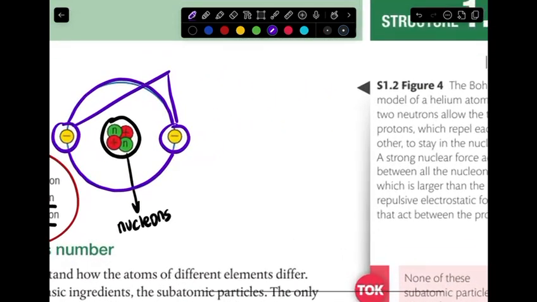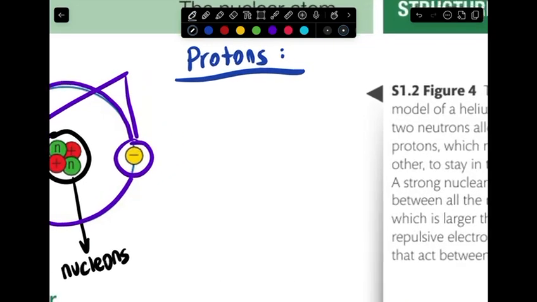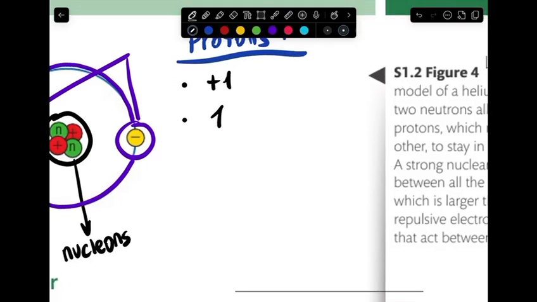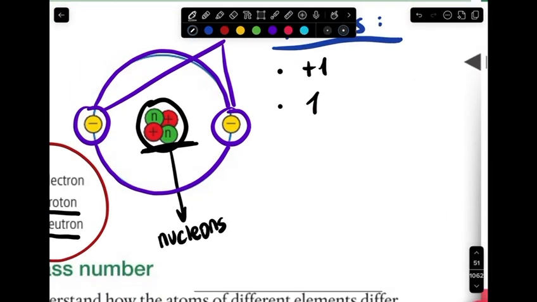So to talk in detail about the subatomic particles, the first ones are protons. So protons have a charge of +1, and their relative mass is 1. They are located in the nucleus, as I explained and as you can see here, and they determine the identity of an element.